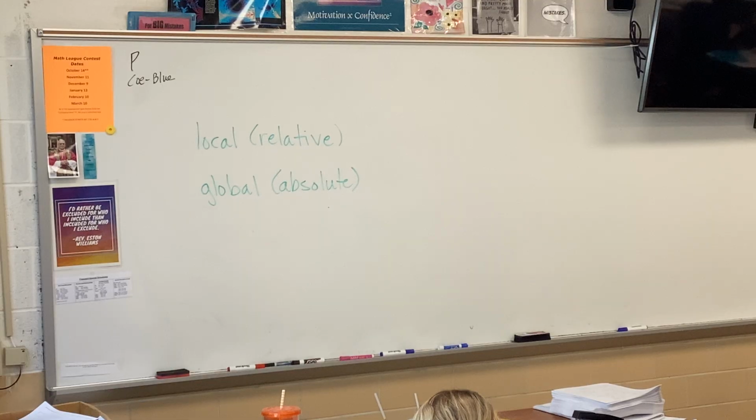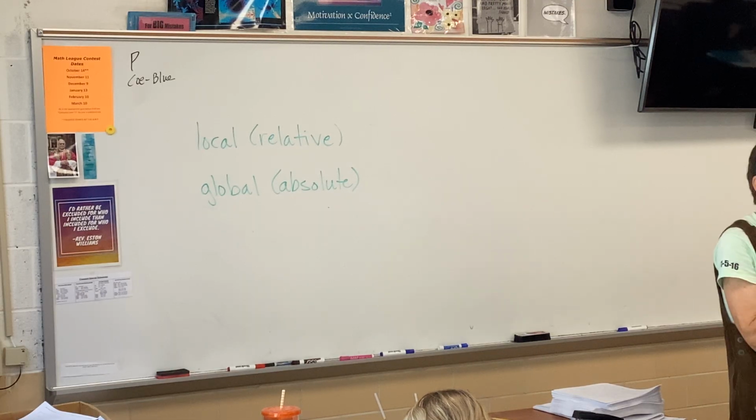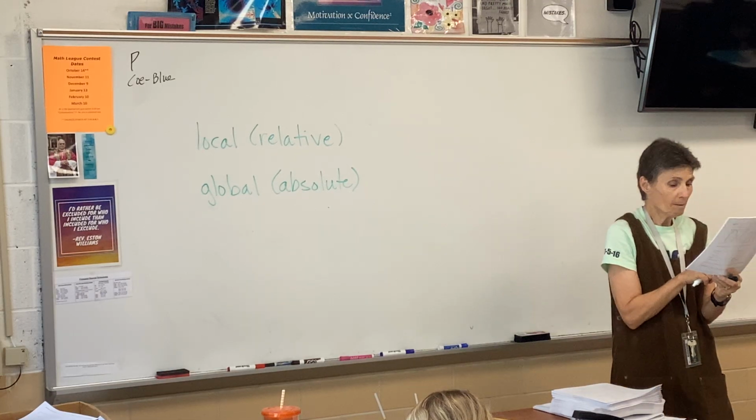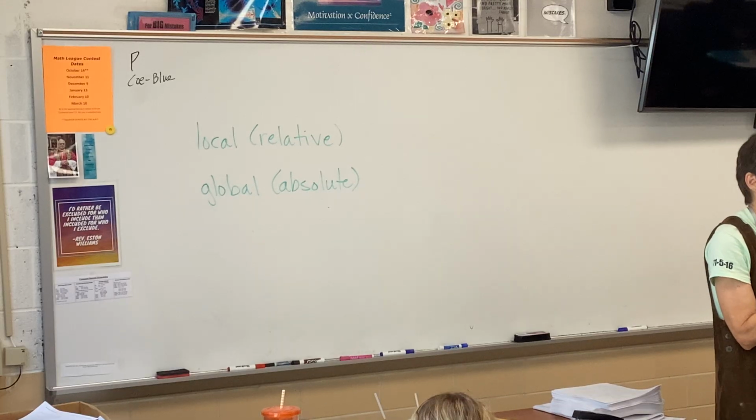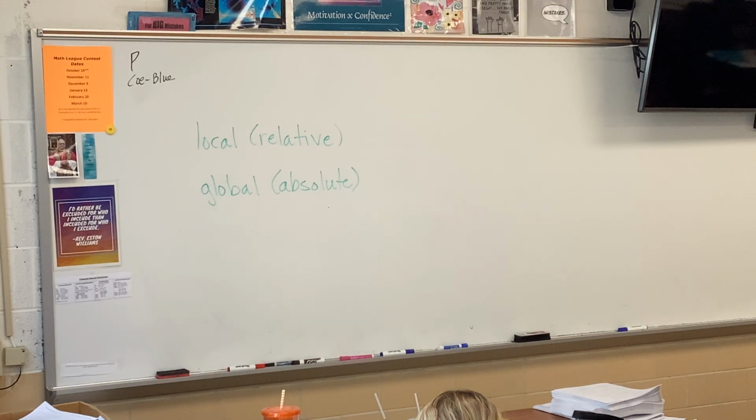Okay? So, where do you see local minimums or maximums in that picture? Well, at -4, you have a minimum. That is an endpoint. And endpoints count if you have a restricted domain.